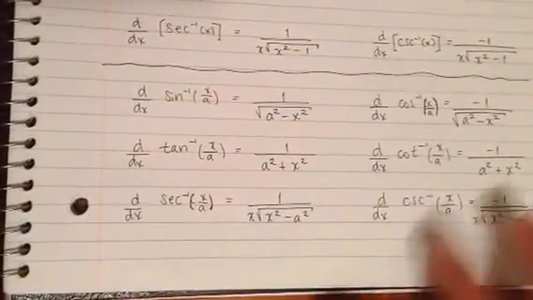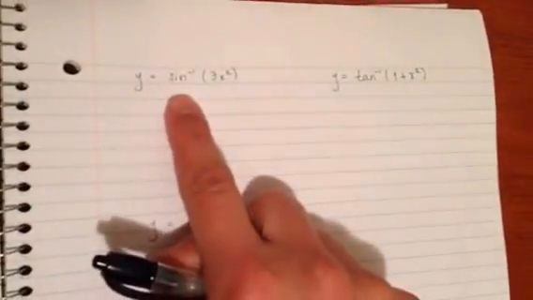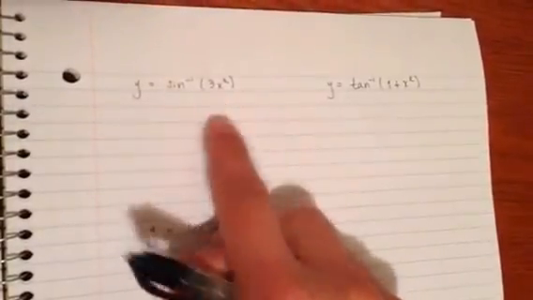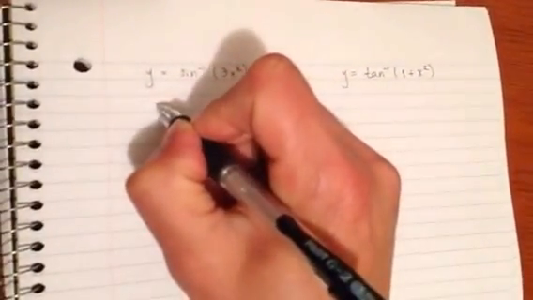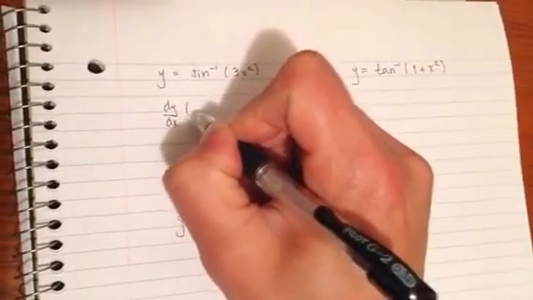So let's go ahead and see if we can do a few of these, and do them real quickly. We know sine inverse of 3x squared. I know the formula, hopefully you can remember it.